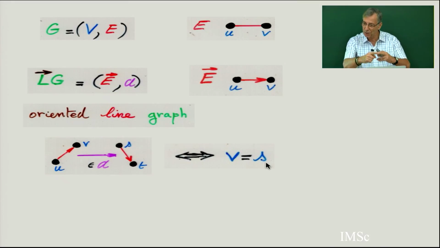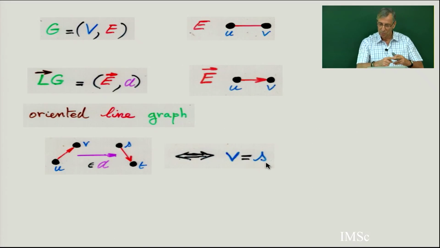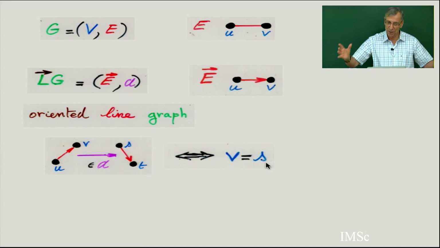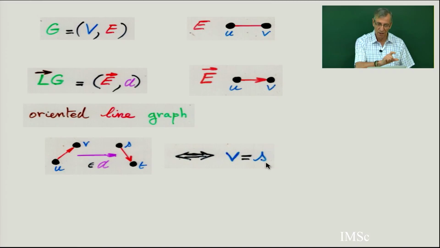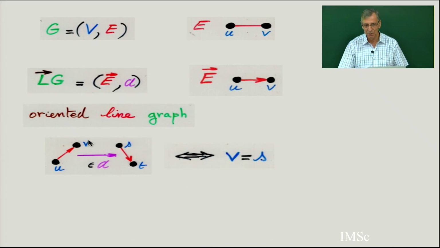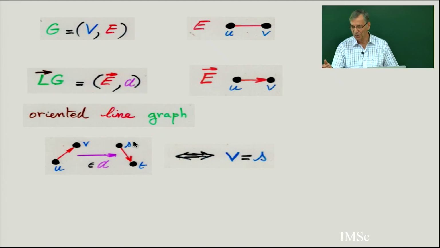Now it's an oriented line graph, so it's much bigger. The vertices are oriented edges, and the arrows, the oriented edges of the line graph, you just put an edge if UV is followed by ST. If V is different from S, then it's 0.